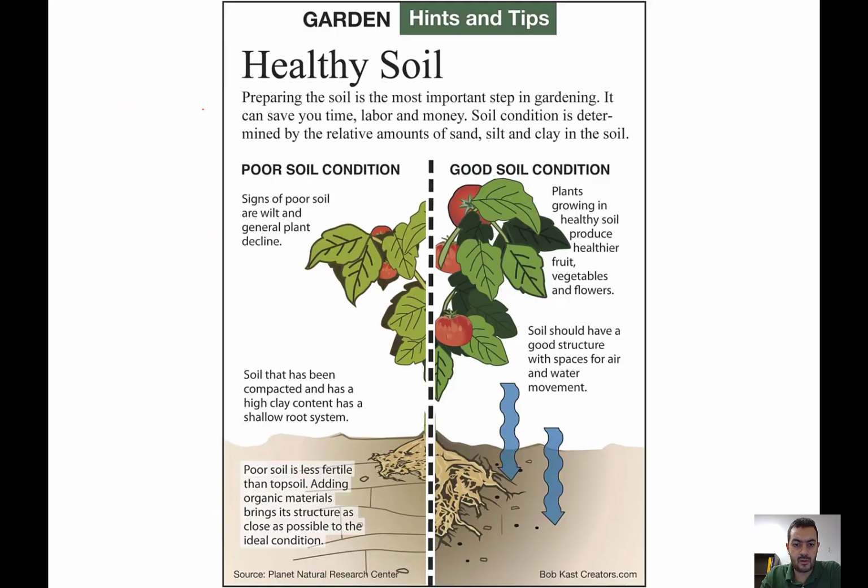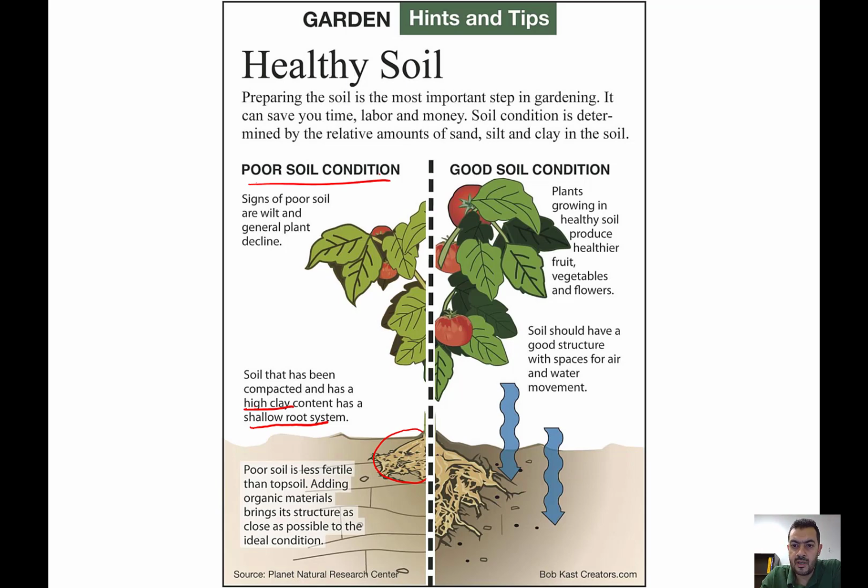In this figure, it shows that when we have a soil that has high clay content, the root system is going to be shallow. As we said, because of the compact structure, the root cannot penetrate, and this can affect the growth of the plant. We will have a poor soil condition.